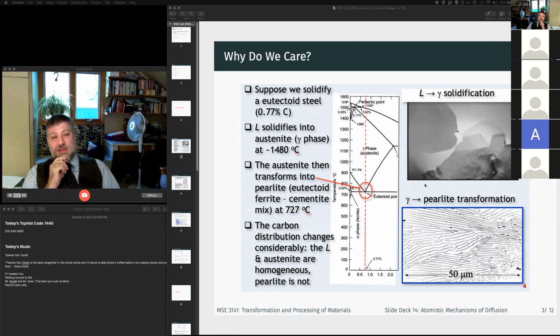And so we're going from uniform to a two-phase lamellar structure, right? And pearlite looks like a eutectic solidification that we talked about before, except it's a completely solid state phase transformation. So instead of mixing in the liquid, we have diffusion in the solid, right?